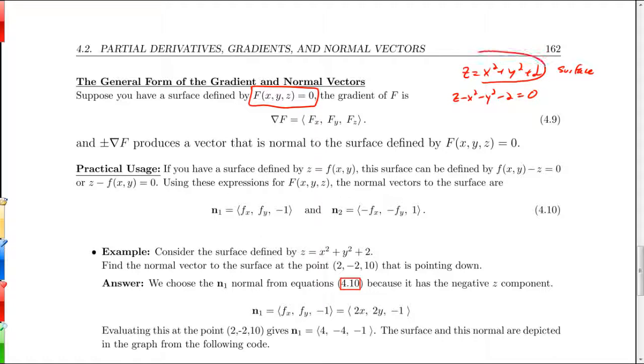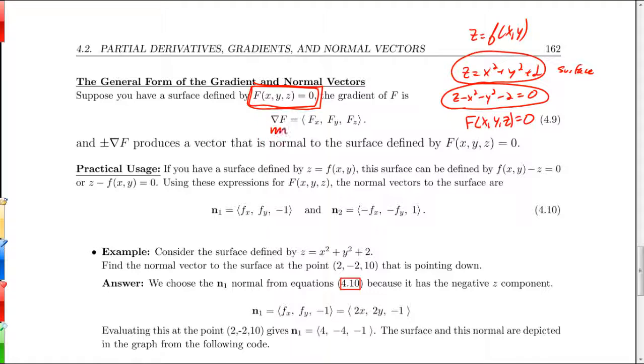So anytime you have a surface defined explicitly, like z is a function of x and y, you can express it in terms of big F of x, y, z equals 0. You just subtract everything on one side from both sides, and one of the sides will turn to 0. So any surface can be expressed like this.